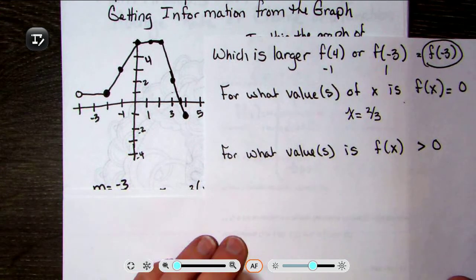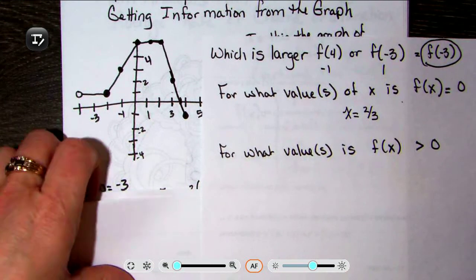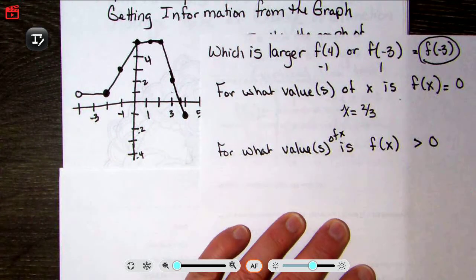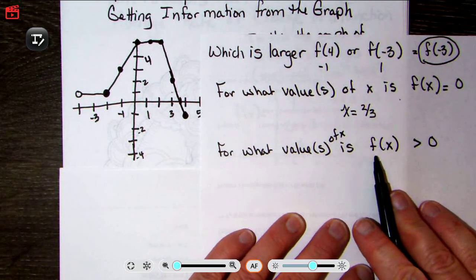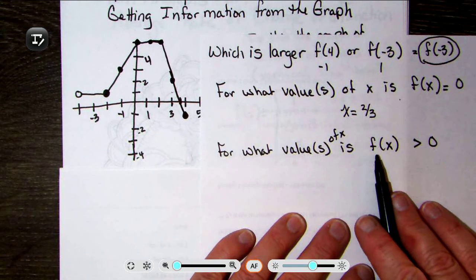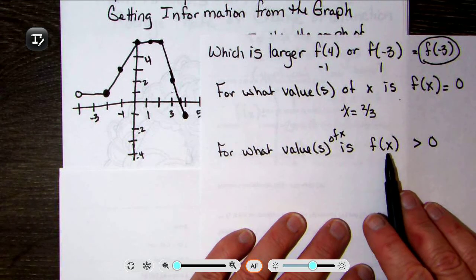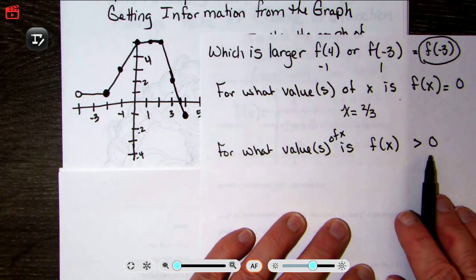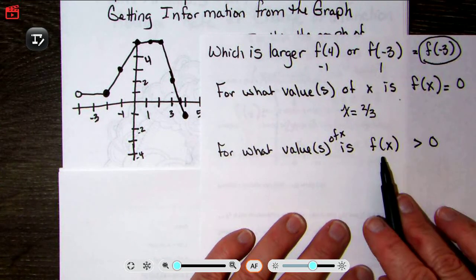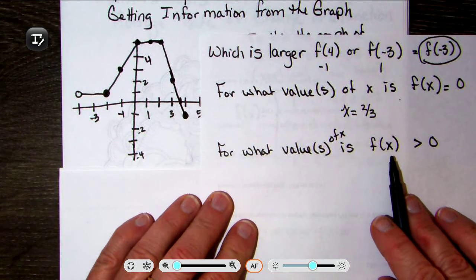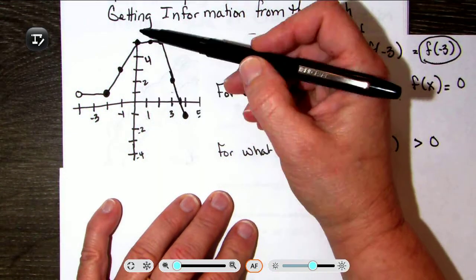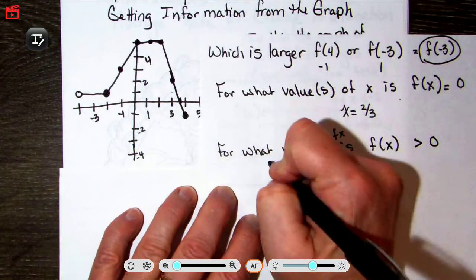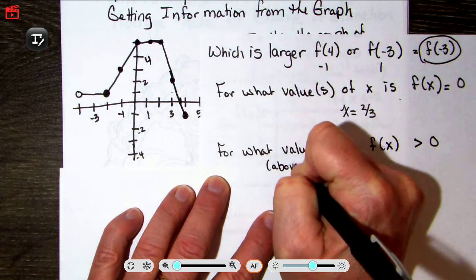Okay, what does that mean? Well, it's asking ourselves for what values of x is f of x, like another name for f of x is y, where are our y values greater than 0? Greater than 0 means positive. So we're asking ourselves where are the y values positive? Y being positive is up here. So we are going to be above the x-axis.